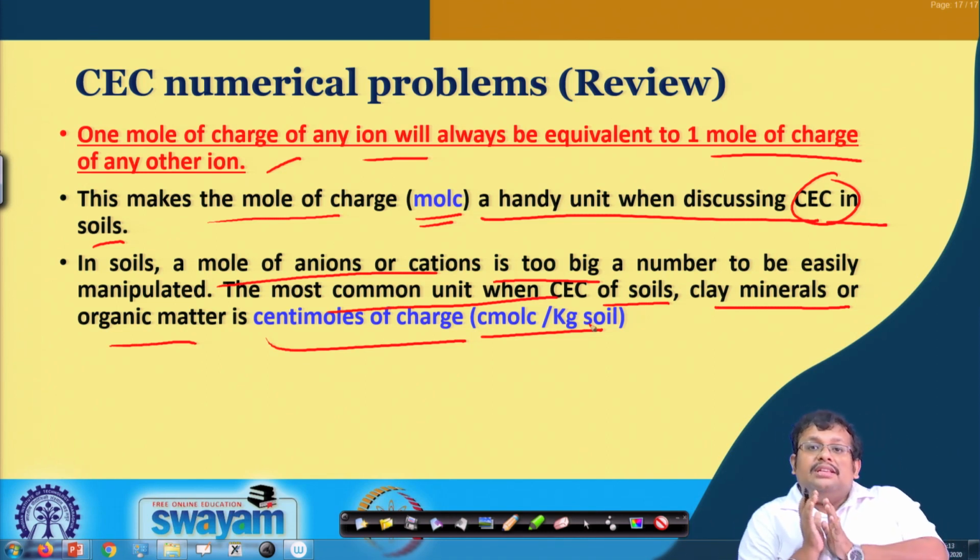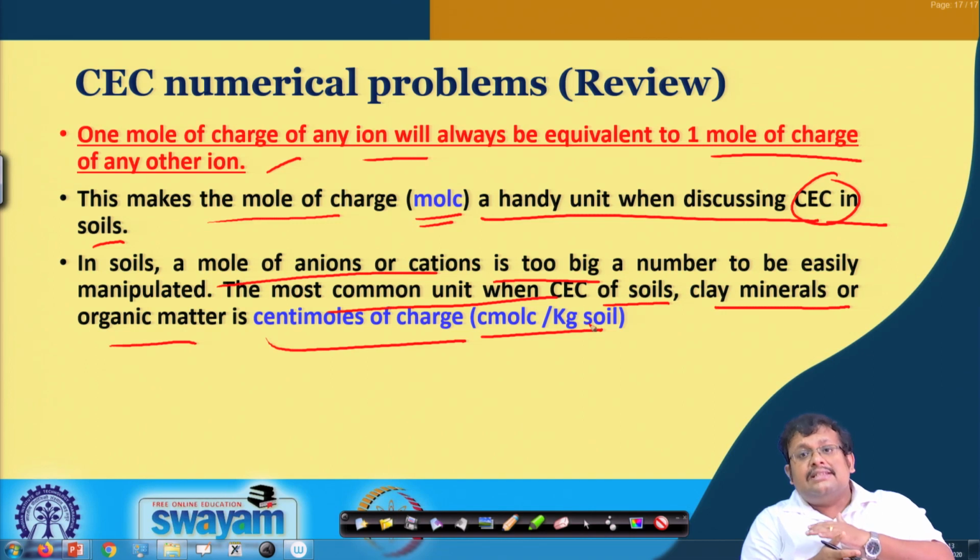Again, this molar charge concept is basically the charge of 1 mole of substance. So, in the case of 1 mole of calcium ions, the molar charge will be 2, because its valency is 2. Similarly, for a trivalent ion, the molar charge will be plus 3. Remember, 1 molar charge of any ion will be equivalent to 1 molar charge of any other ion, and that is why it produces a common baseline for calculation of CEC in soils.